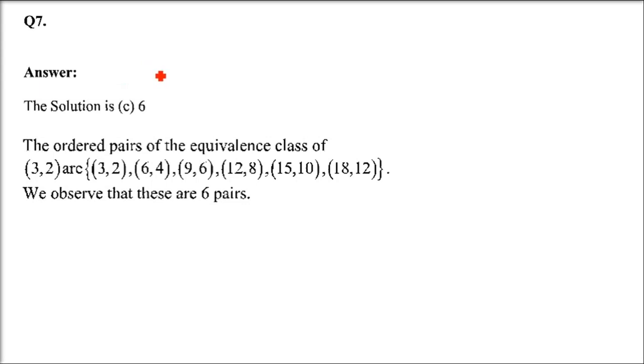Question number 7. Let A = {2, 3, 4, 5, ..., 17, 18}. A is 2, 3, 4 and this goes up to 17, 18. There is an equivalence relation. The symbol of this equivalence relation is a tilde, a line over this.